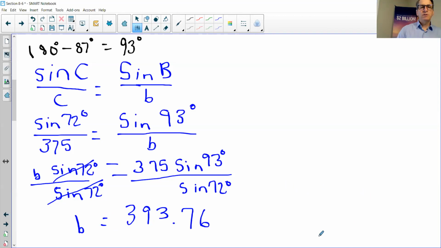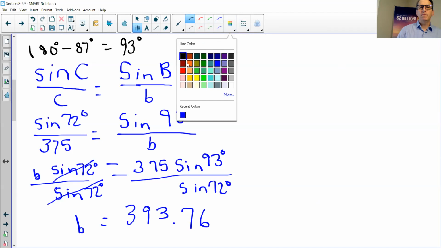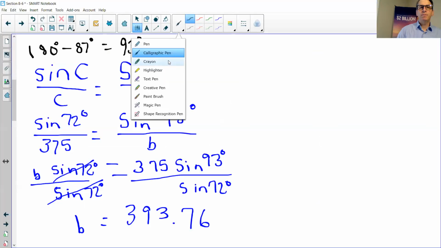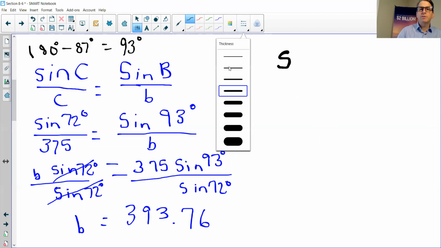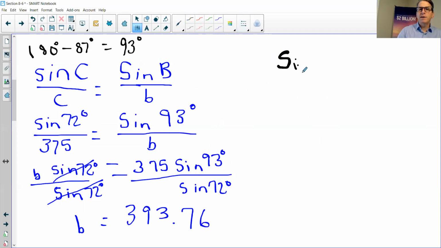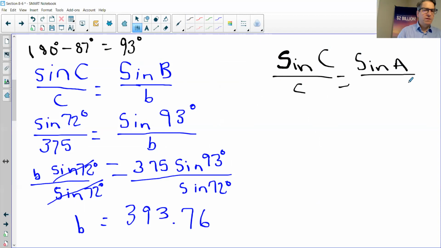So we're going to use the sine of angle C divided by the side c is equal to the sine of angle A divided by little a.